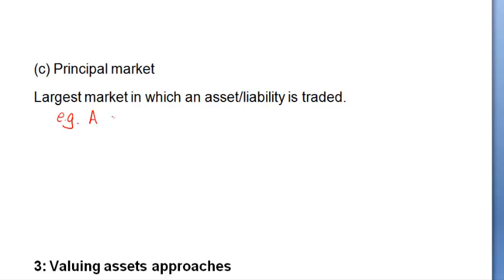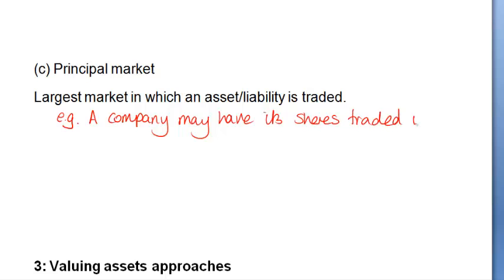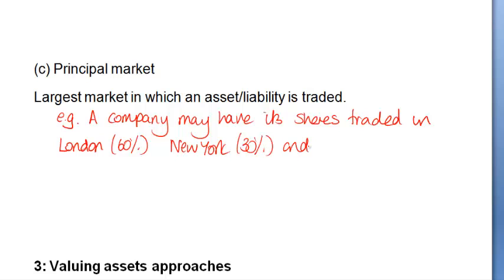E.g., a company may have its shares traded in London, 60%, New York, 30%, and Frankfurt, 10%. Now, in theory, the share prices should be identical, but there might be very, very slight differences.